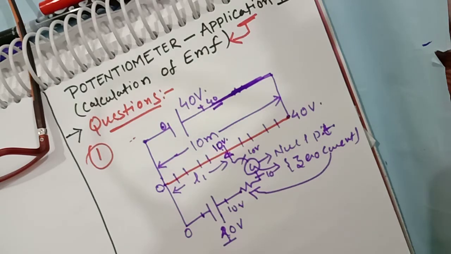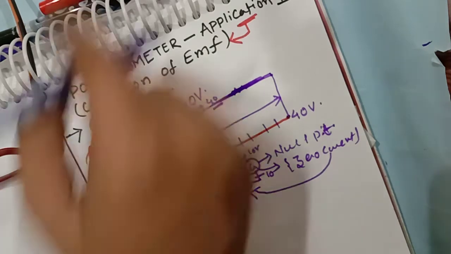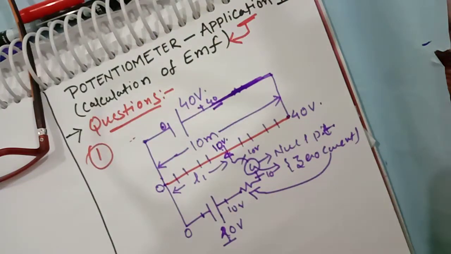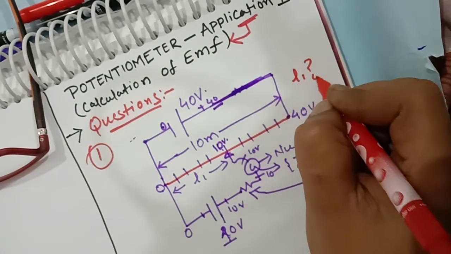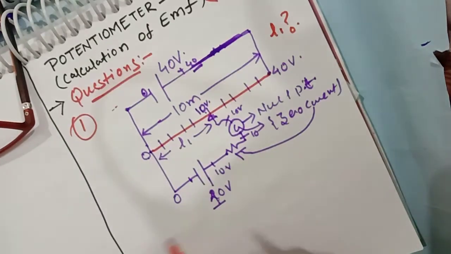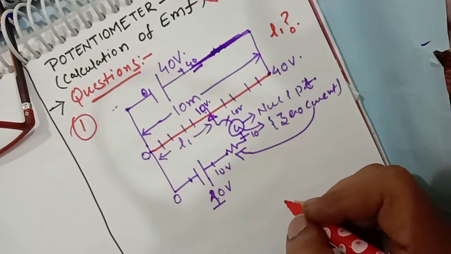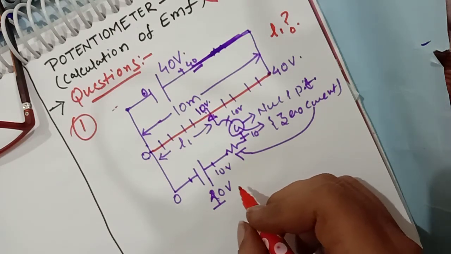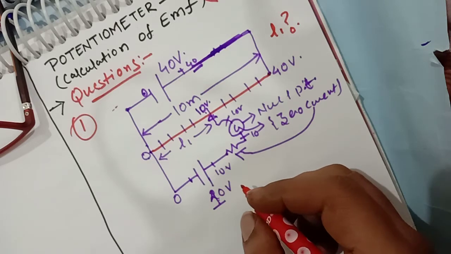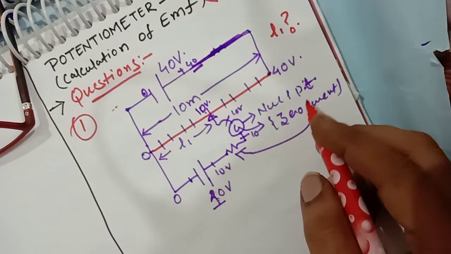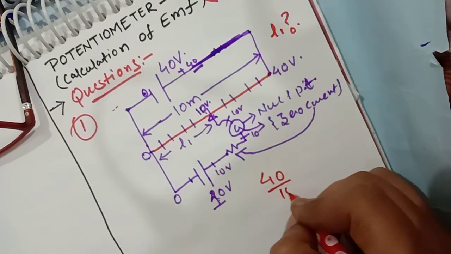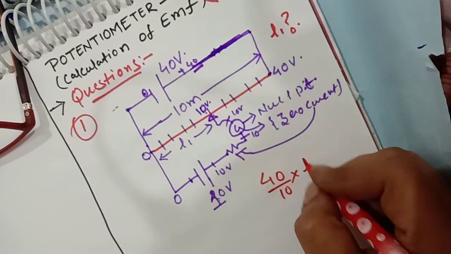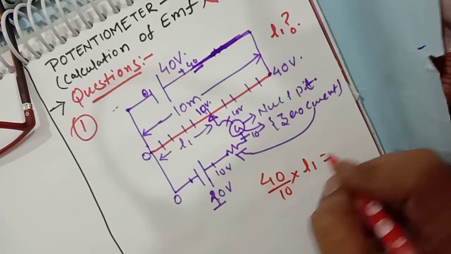Now what we can do is calculate. What we can calculate? We are required to calculate L1. So 40 by 10 into L1 equals what? It will give us the voltage gradient.